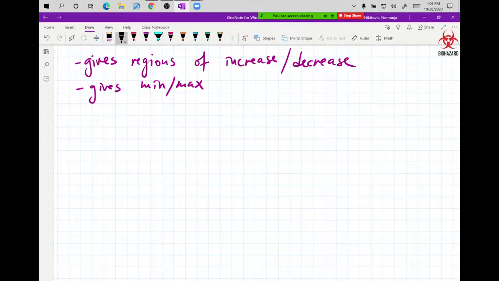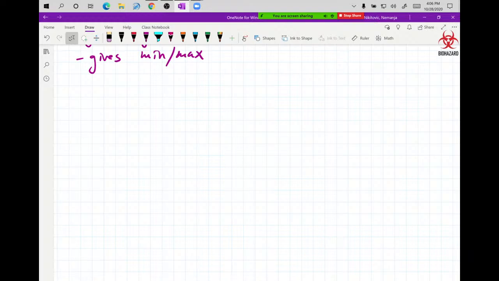So let's take a look at this situation. What we are going to have, let's say, is a function f of x equals x squared.